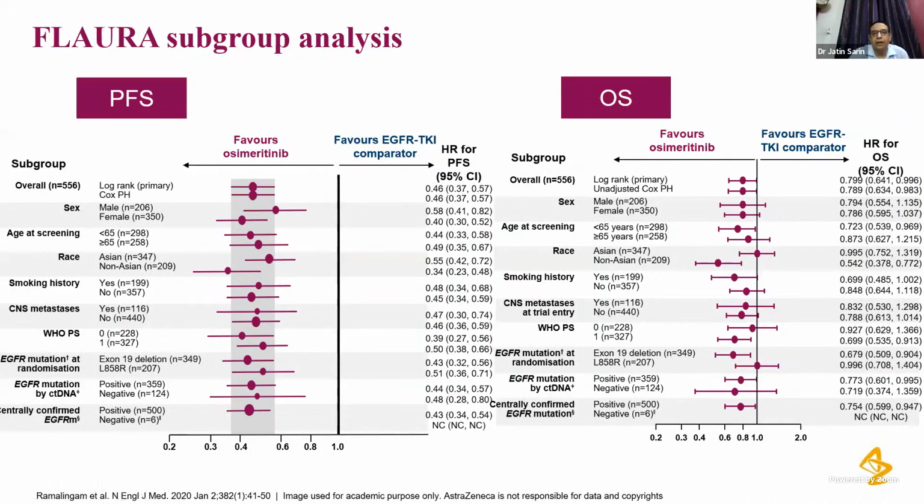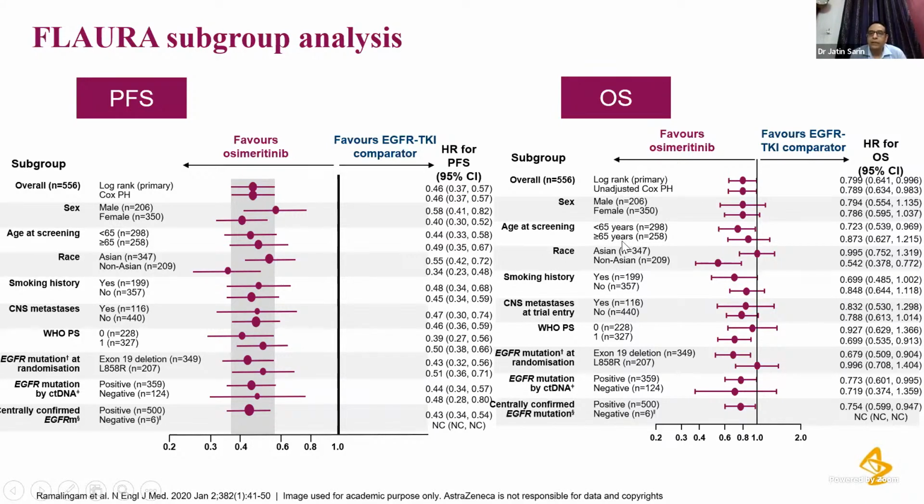It was a well-conducted prospective randomized phase 3 study, and you can see among the PFS, all the subgroups, be it age, race, smoking history, CNS metastasis, and that is the most important point, CNS metastasis, and kind of EGFR mutation, the two most common being exon 19 del and L858R, the PFS was better as compared to the first and second generation TKI.